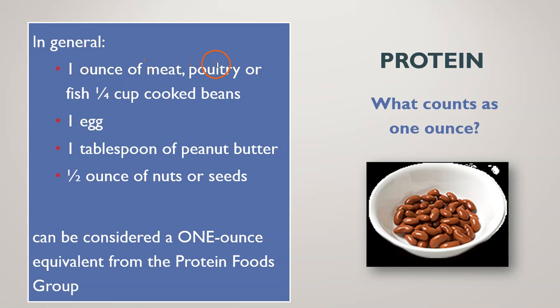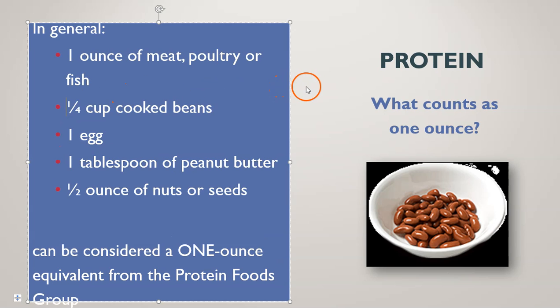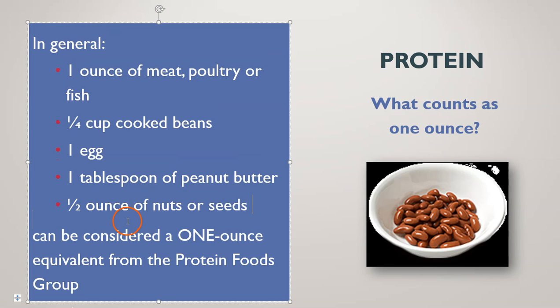But 1 ounce of meat, poultry, or fish, and also 1/4 cup of cooked beans counts as an ounce equivalent. And I'm going to go ahead and do that so we make it a little clearer. 1 egg counts as an ounce equivalent. 1 tablespoon of peanut butter, 1/2 ounce of nuts or seeds.